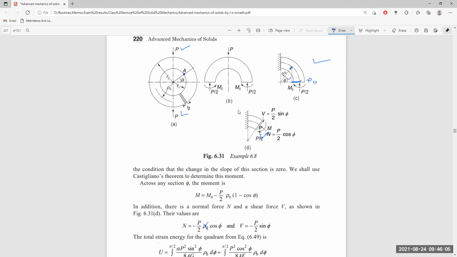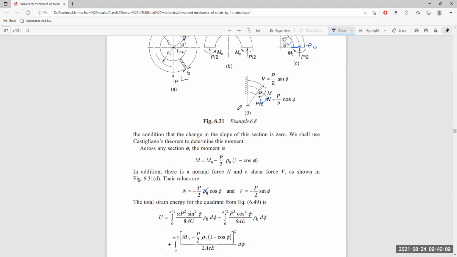The strain energy for the quadrant. So what will be the strain energy? First, this term is for the shear force we are producing here: P by 2 sin phi, with alpha. Then there is the bending moment due to the normal force itself, P by 2 cos phi and rho 0.